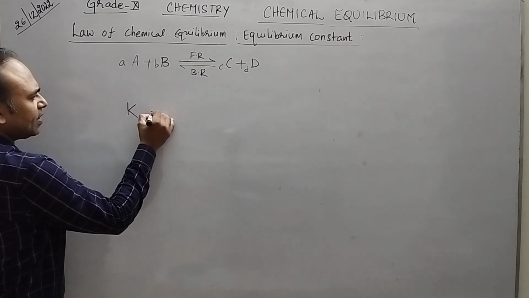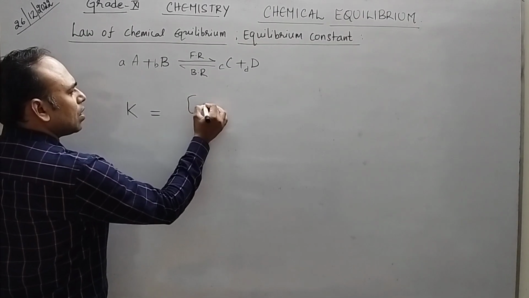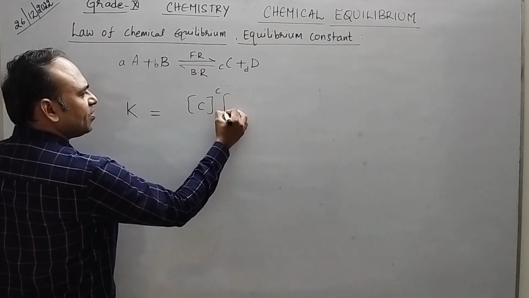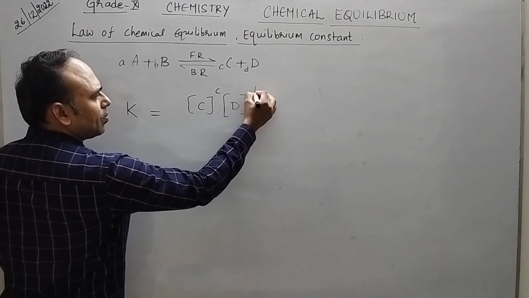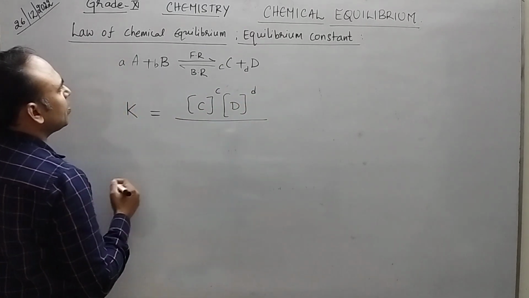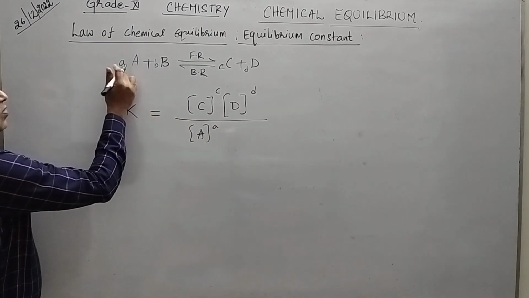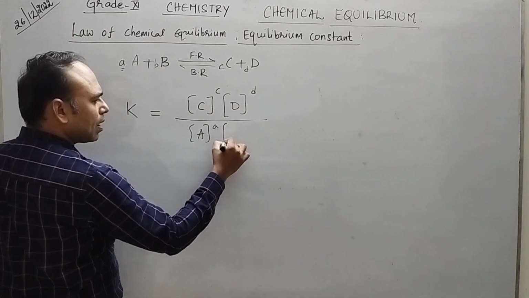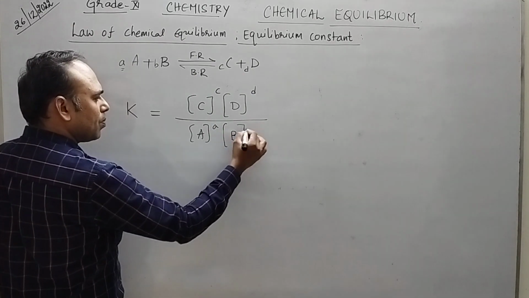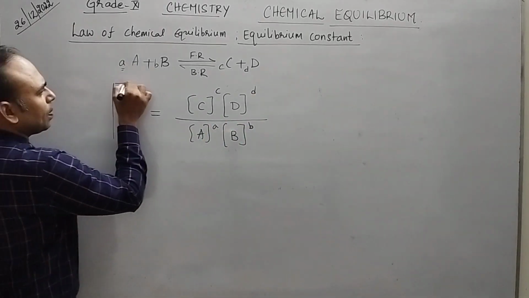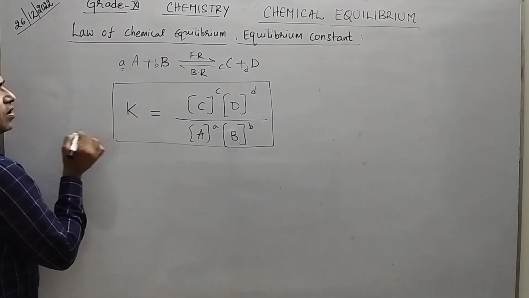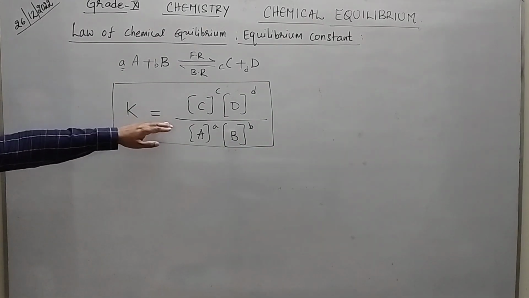We can write K is equal to concentration of C to the power of its coefficient, D to the power of its coefficient, divided by concentration of A to the power of its coefficient, into B to the power of its coefficient. If you have coefficients, you will get the equilibrium constant relation like this.